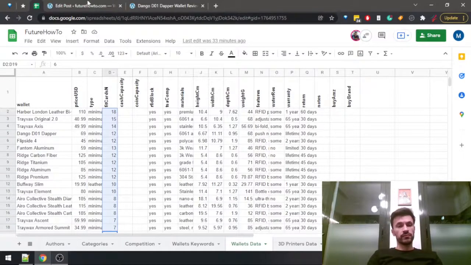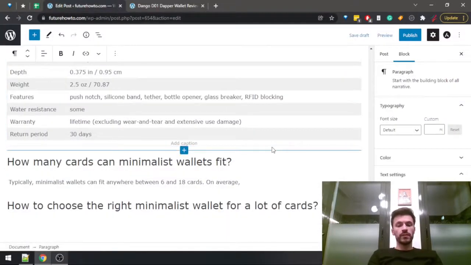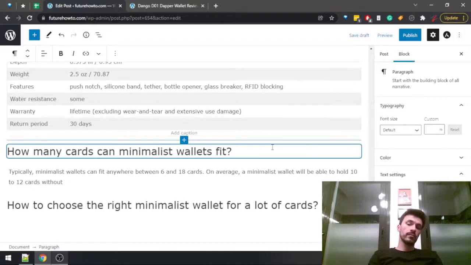I always forget which one of those is. On average, a minimalist wallet will be able to hold 10 to 12 cards without any issues and without losing functionality.